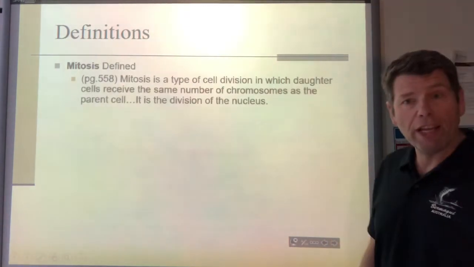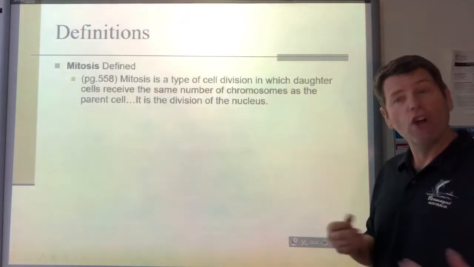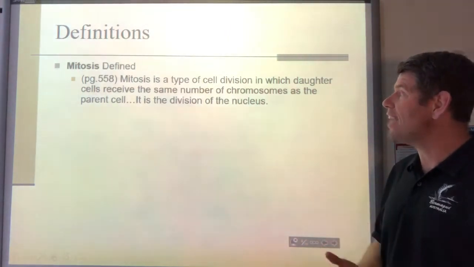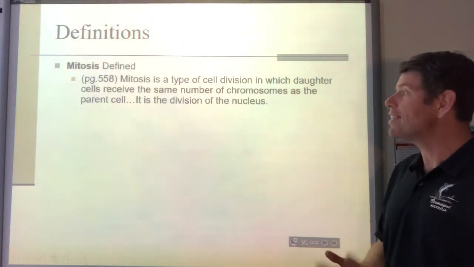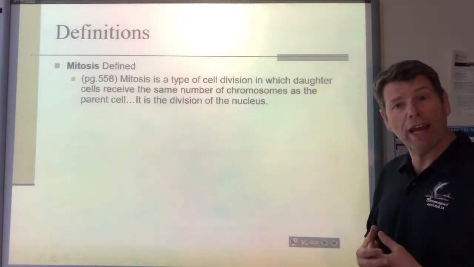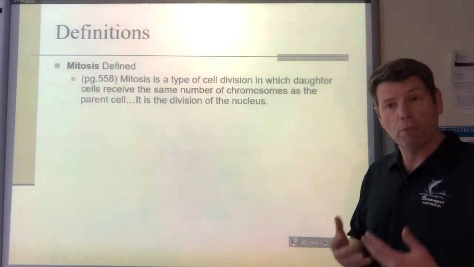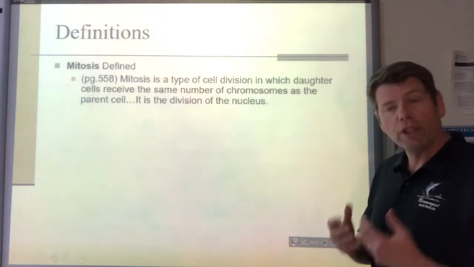So we're going to define mitosis as a type of cell division in which what we call the daughter cells are going to receive the exact same number of chromosomes as the parent cell. So it's essentially the division of the nucleus. Remember that your DNA is stored in the form of chromosomes in the nucleus of your cells.